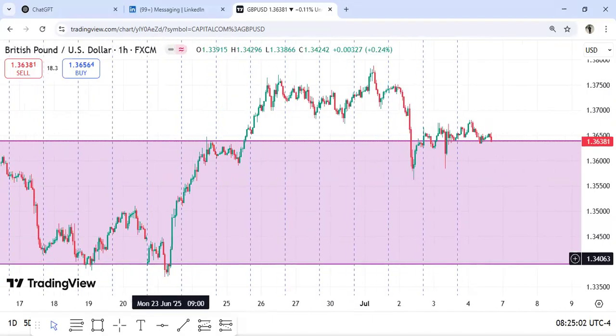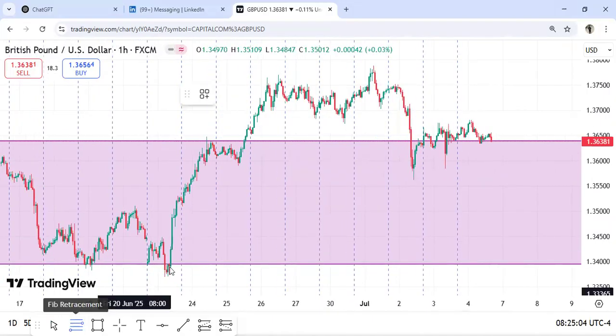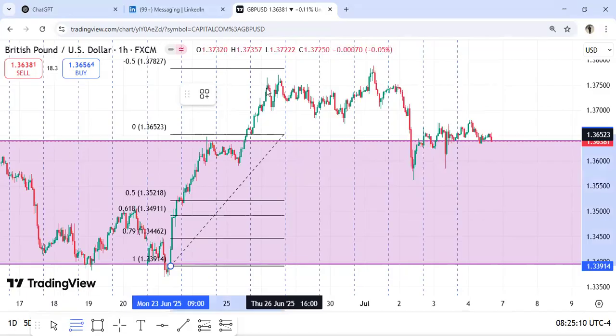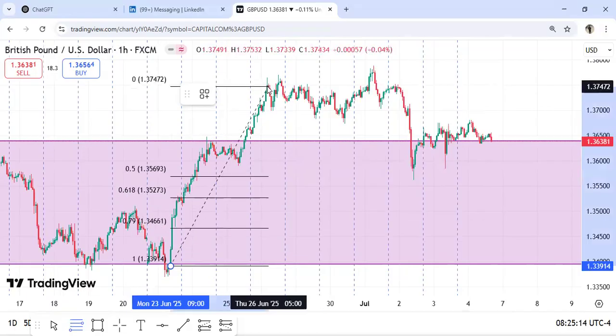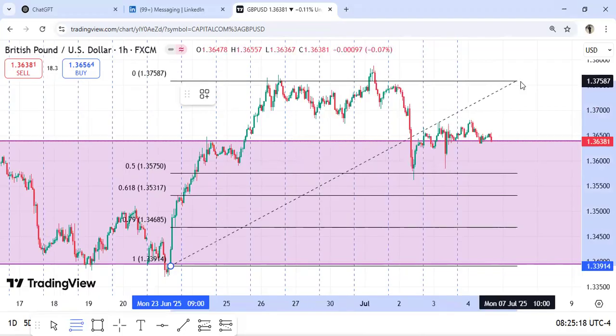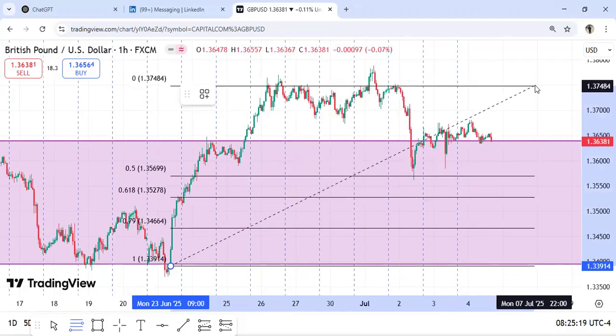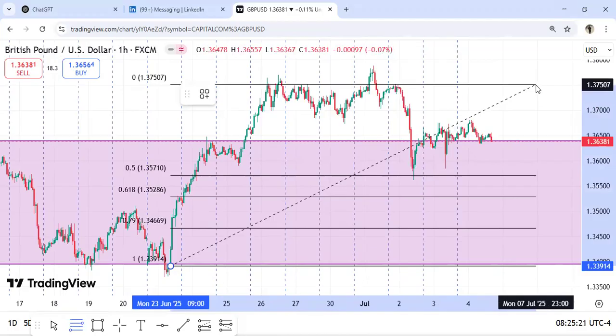Remember my Fibonacci strategy also. From this open to this close, because this close starts the resistance. We drag it out in time. What do we get? This is what we get.